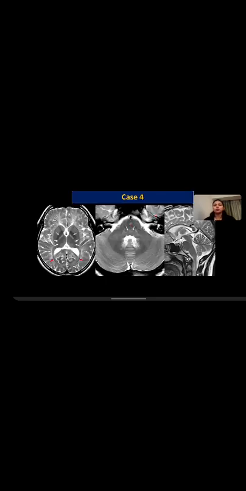So the first pattern was diffuse hypomyelination. Now the second pattern is this case. So what are your views on this case? So this is a child. I'll just give a clue before that if you can crack this case. So we are seeing diffuse hypomyelination, but there is sparing of certain structures.